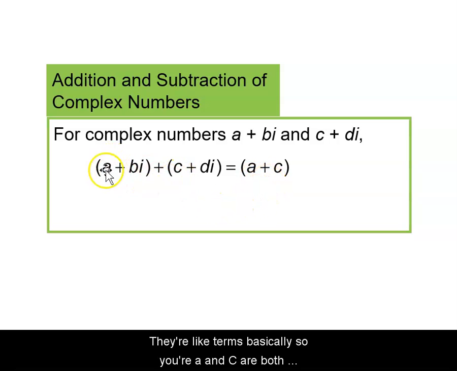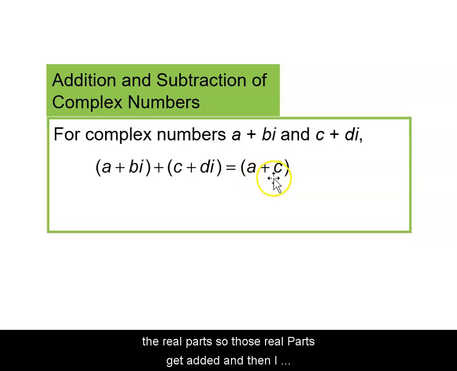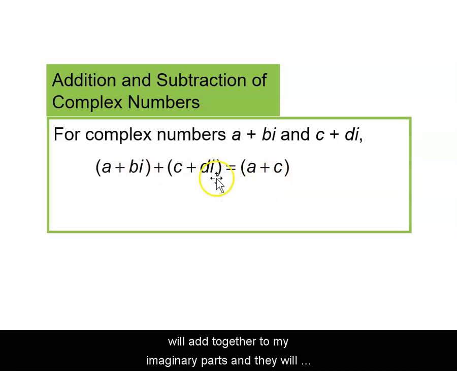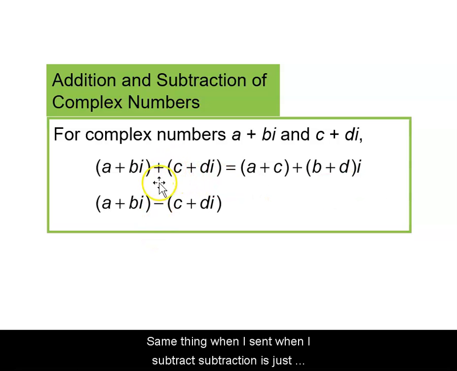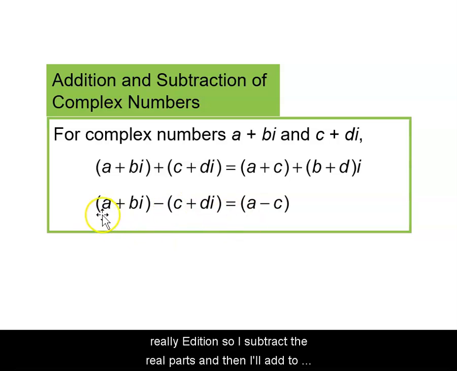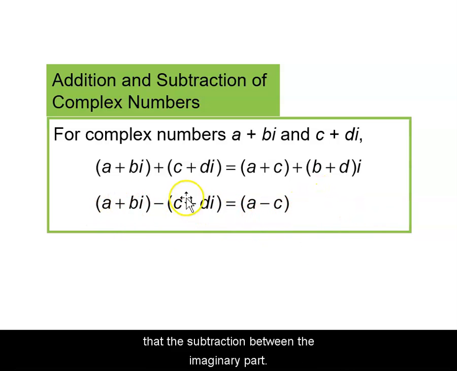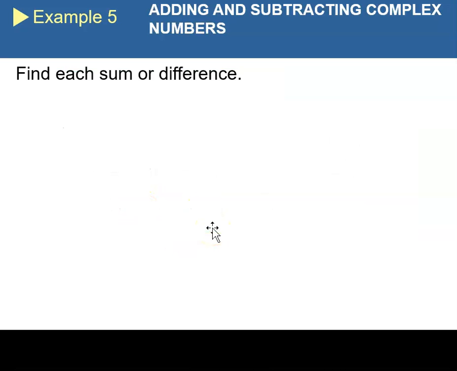Here a and c are both the real parts, so those get added, and then I will add together my imaginary parts, and they will add together to be the new imaginary coefficient for i. Same thing when I subtract. Subtraction is just really addition. So I subtract the real parts, and then I'll add to that the subtraction between the imaginary parts.